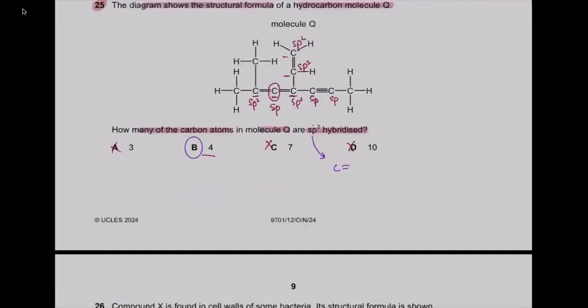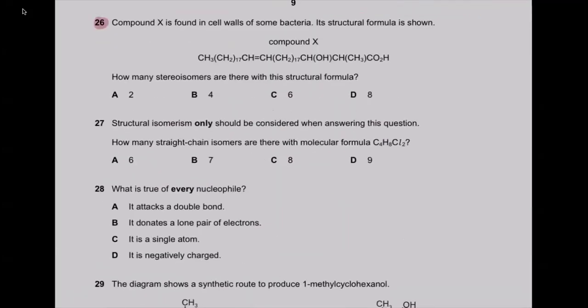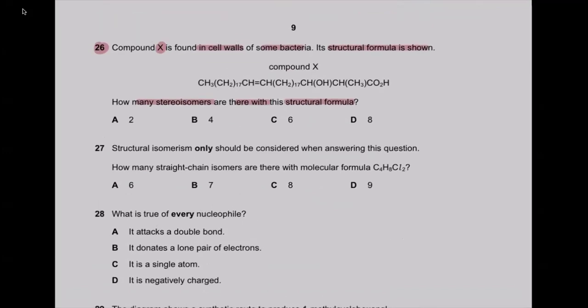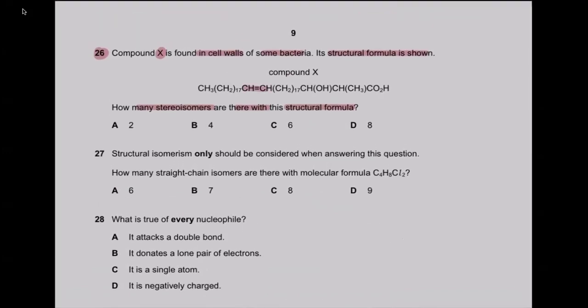Okay. Now, MCQ number 26, a compound X is found in the cell wall of some bacteria. Its structural formula is shown. How many stereoisomers are there with this structural formula? So, there is 1 carbon-carbon pi bond, so it means 1 cis-trans.